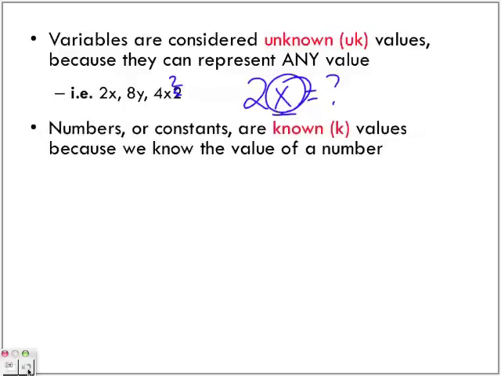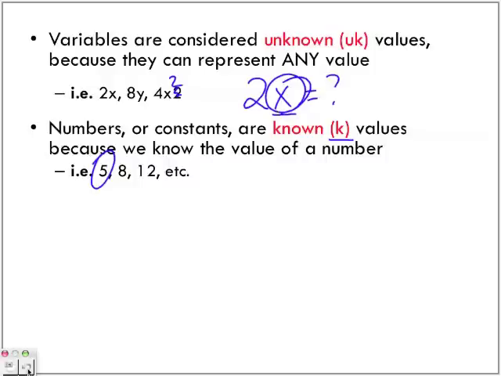And then we have numbers, or something called constants, which are known, and we're going to use the letter k to designate that, k values, because we know the value of the number. So here are a few examples: 5, 8, 12. Notice that these known values do not have any letters. We know what the value is, right? If it says 5, we know the value. 5 is 5, right? We have 5, I don't know, apples, bananas, oranges.